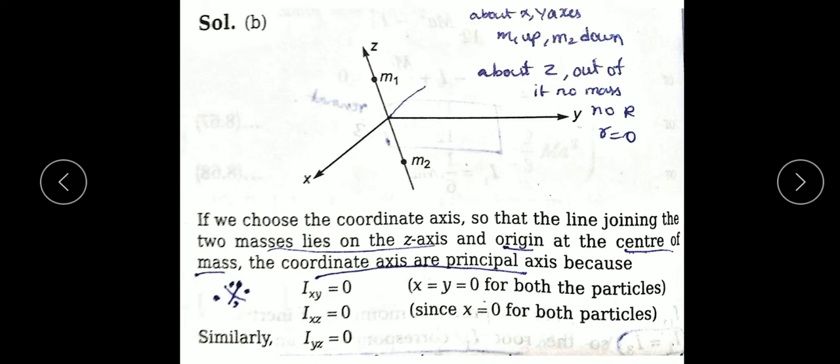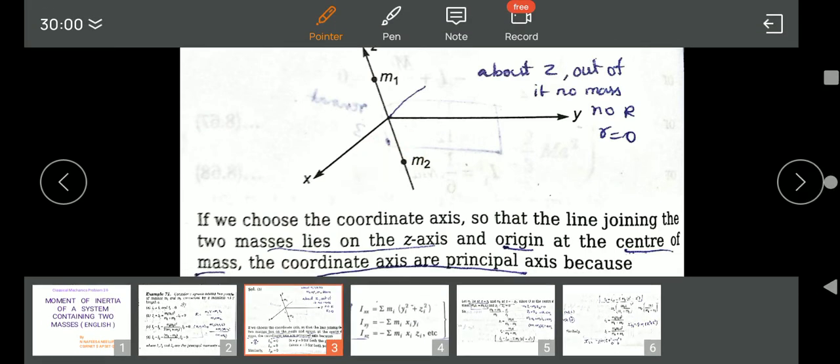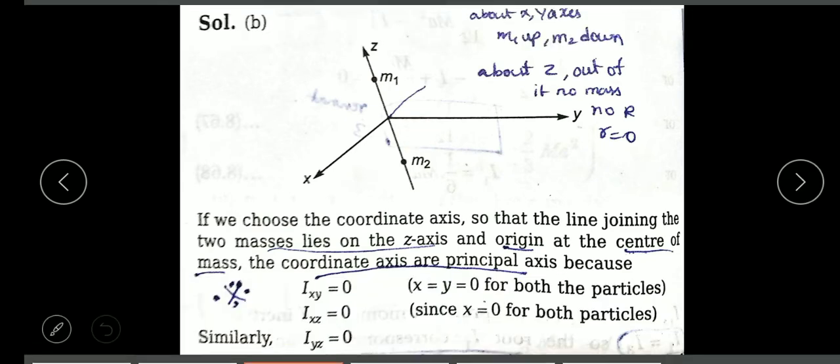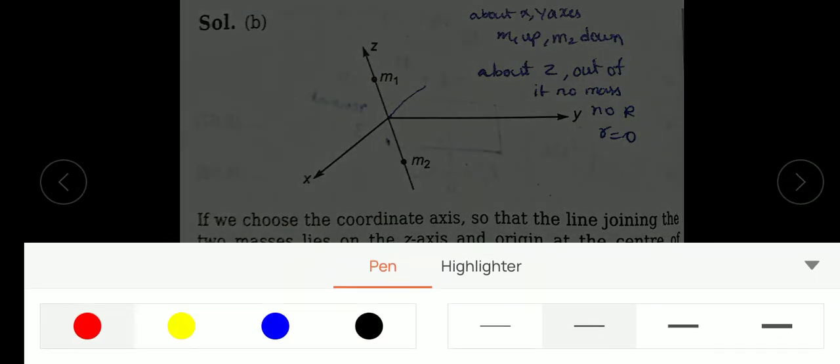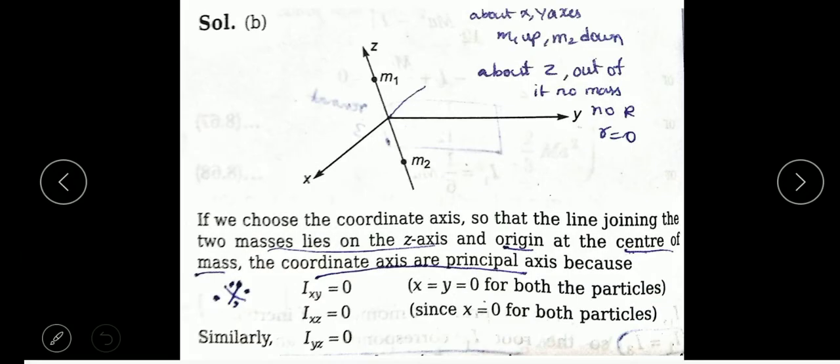Suppose there is a mass of 10 kg here and a mass of 100 kg here.